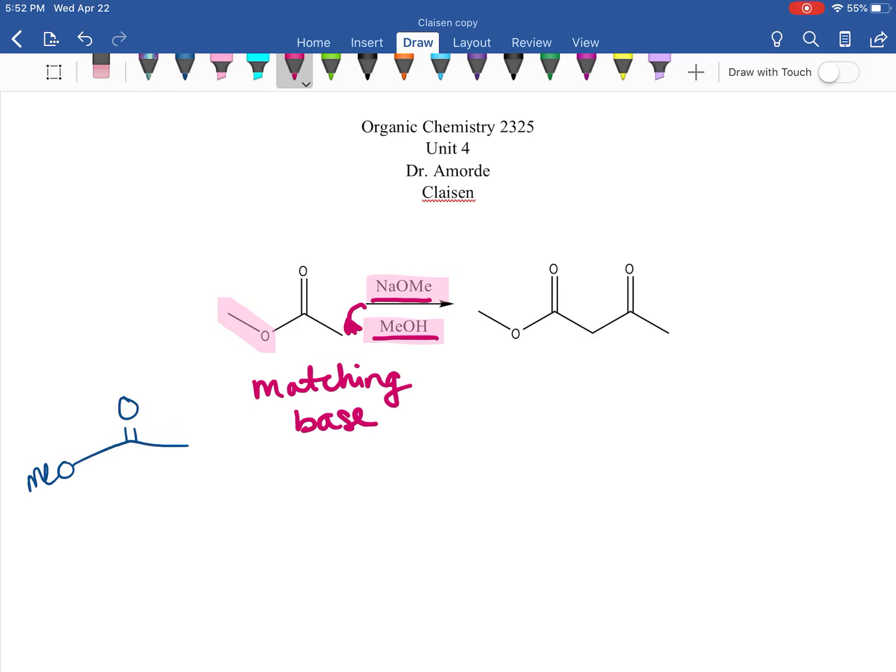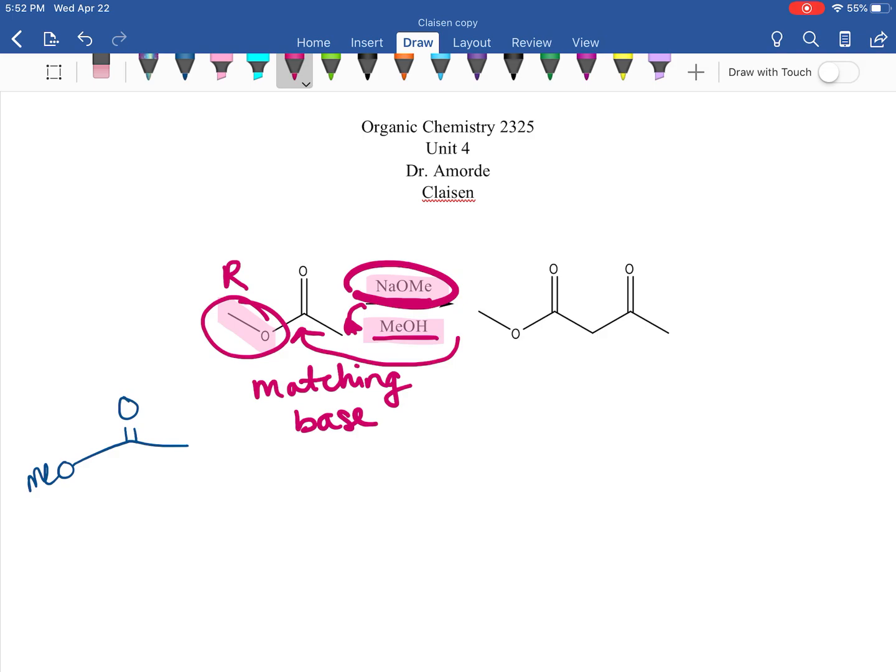Except with our base, we'll see along our mechanism that our base can do 2 things. We can deprotonate here to form an enol or an enolate, but we can also react here. So if our base reacts here, look at this. It is absolutely matching right here what would be a leaving group. So when I say matching, with esters, we always match our base to whatever the R group is on your ester.